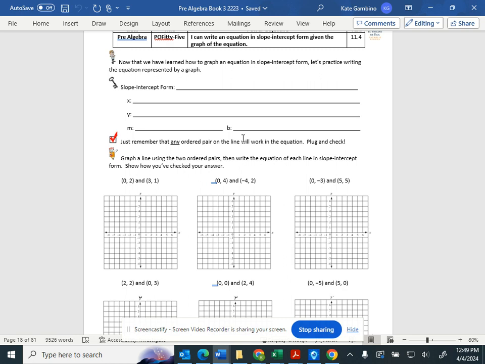So now that we've learned how to graph the equation in slope-intercept form, let's practice writing the equation represented by a graph. So our first thing is, what is slope-intercept form? Everybody should be able to say it. Let's try it together. y equals mx plus b.